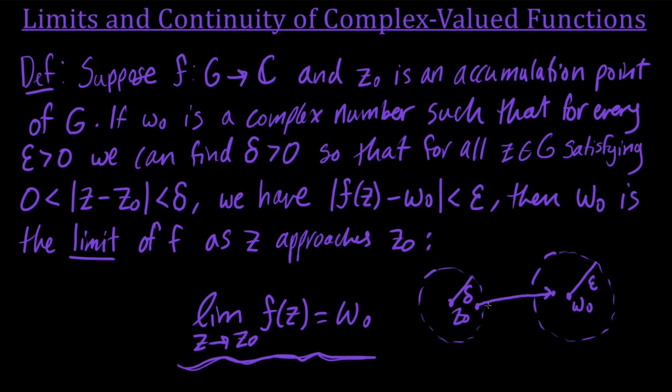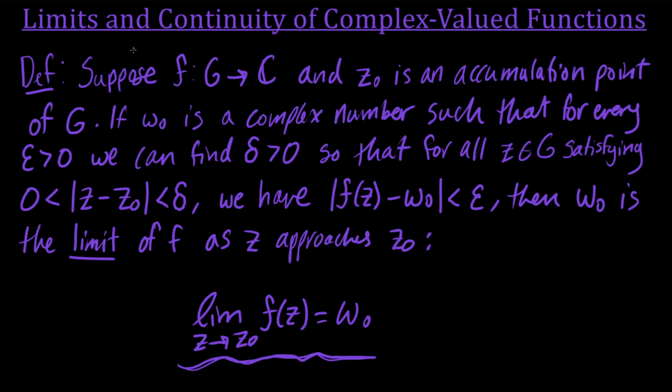And so we want this to be the case for every single epsilon. So if we make epsilon, let's say, much smaller, let's say like this size, well, we want there to still exist a delta that determines some open disk around z0 so that every single point within the delta disk maps to some point within the epsilon disk. And so this is what this definition is getting at here.